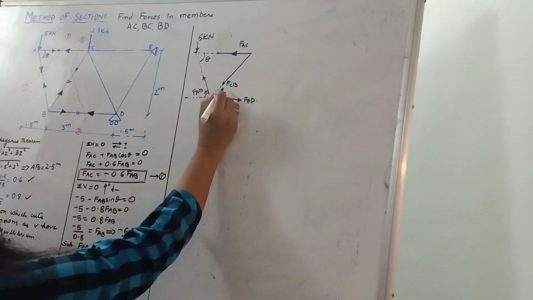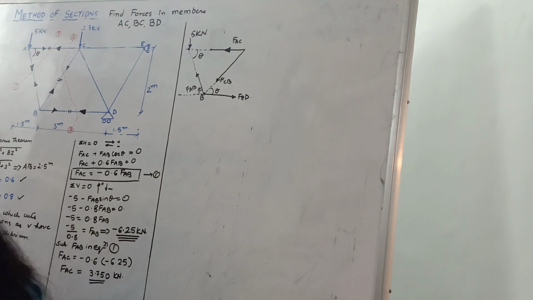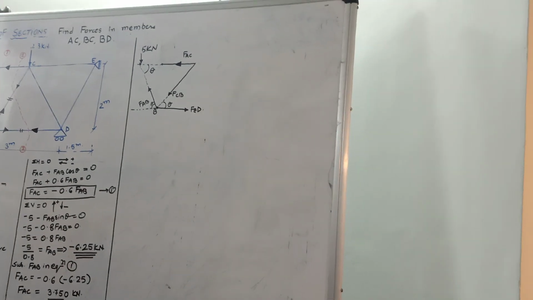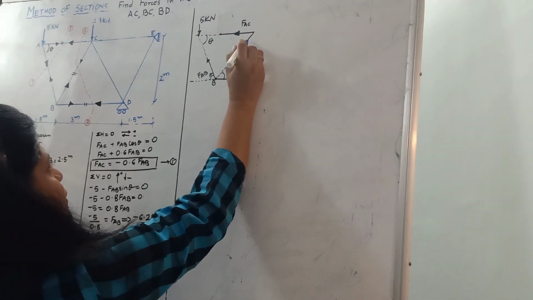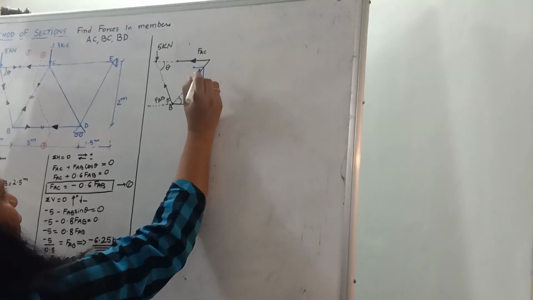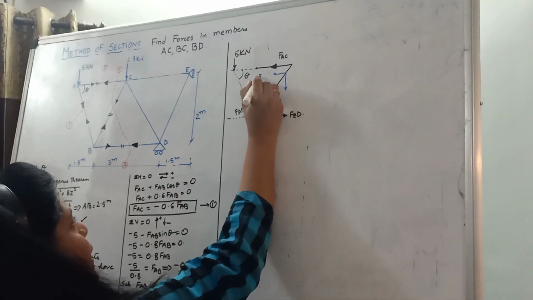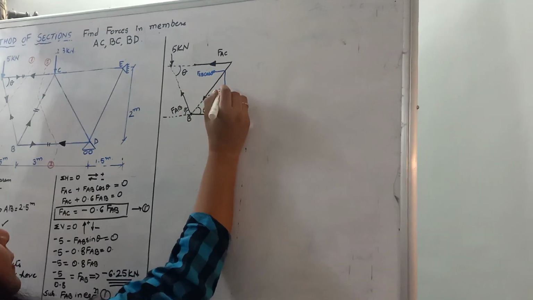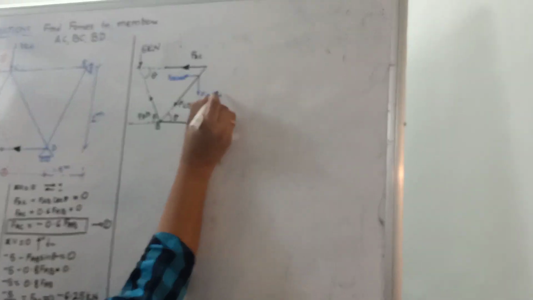We can see that this is the inclined member, so we can resolve it into two components, the vertical component and the horizontal component of FCB. It is forming an angle theta with the horizontal, so this will be FCB cos theta, and this will be FCB sin theta.